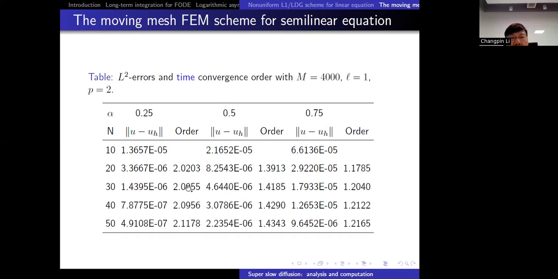From the analysis it may be 2 minus alpha, so 1.75. For this case it is 1.5, 2 minus alpha, almost the same. The theoretical order is 1.25, and it is almost 1.25.